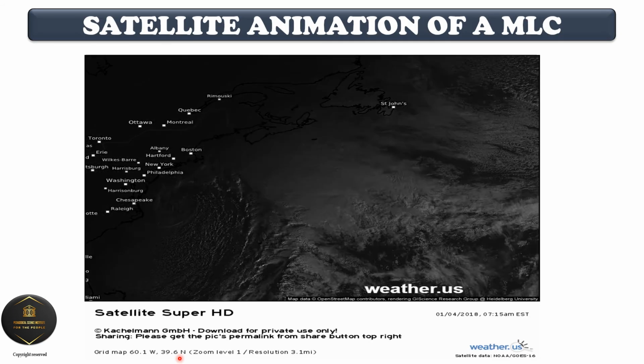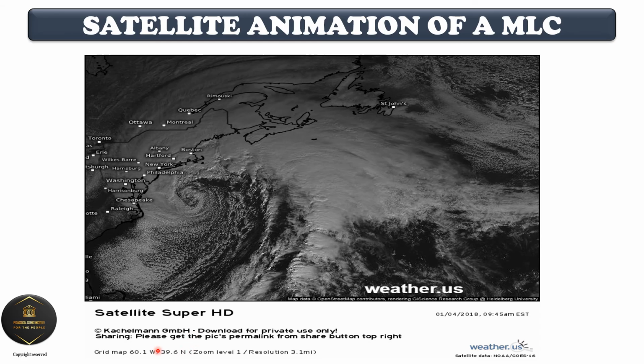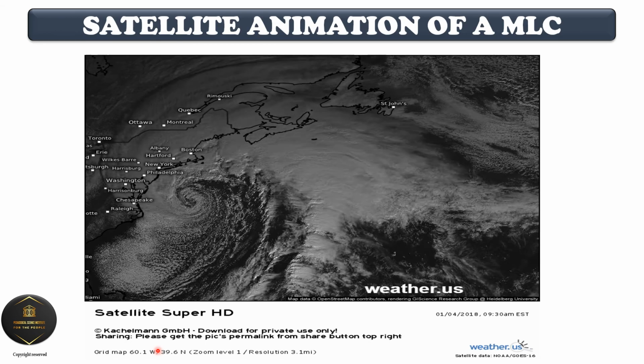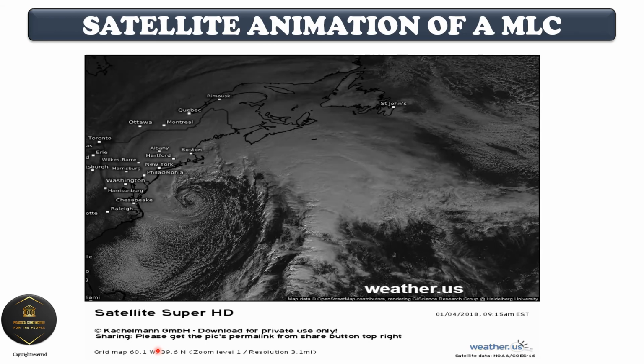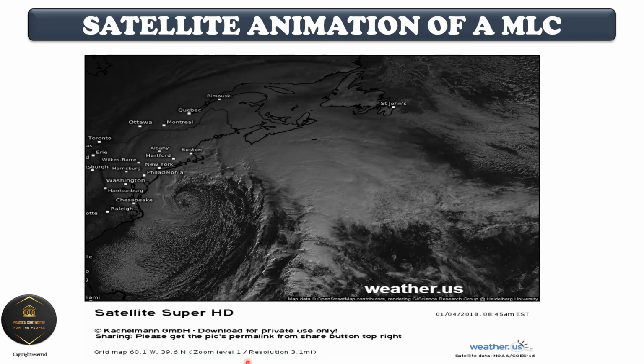Now, I want us to think about how we will identify the system on a satellite image. So if this were a satellite image, it is showing us a mid-latitude cyclone, right? So it's an animation showing us how it will move.